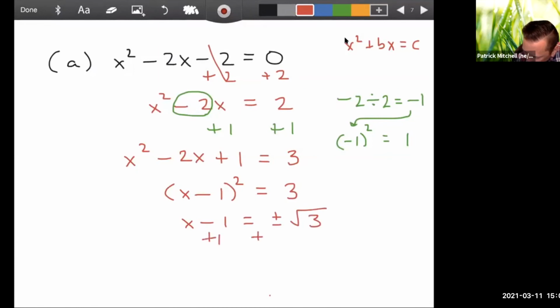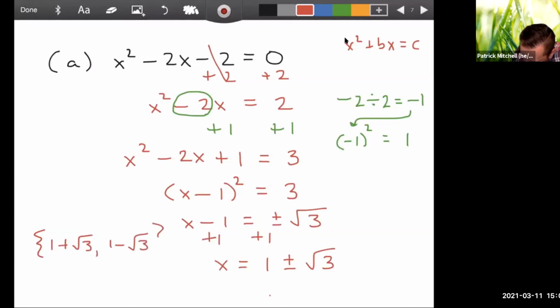Adding 1 to both sides, you get that x equals 1 plus or minus the square root of 3. So there are two solutions to this quadratic equation: 1 plus the square root of 3, and 1 minus the square root of 3.